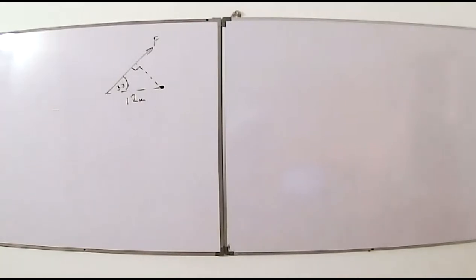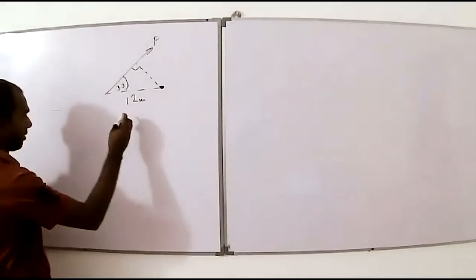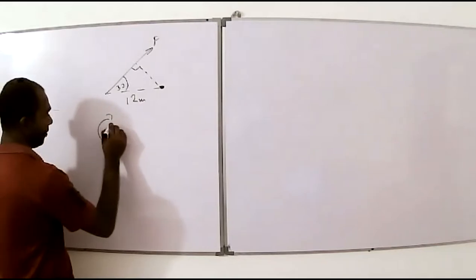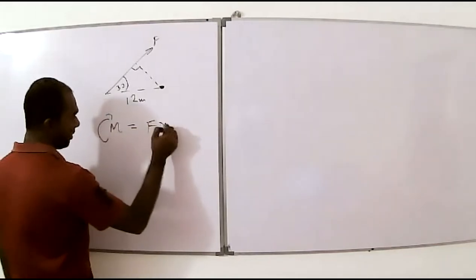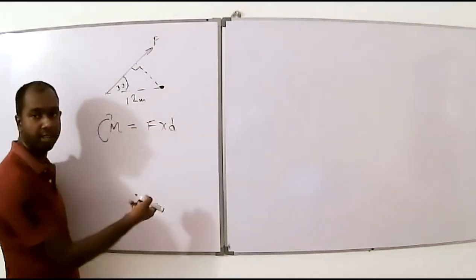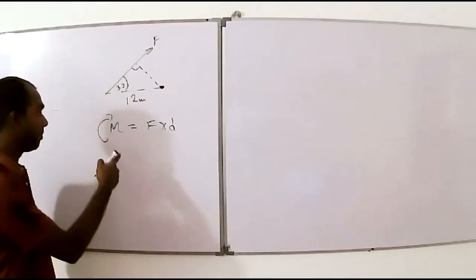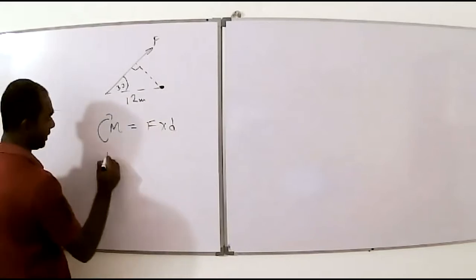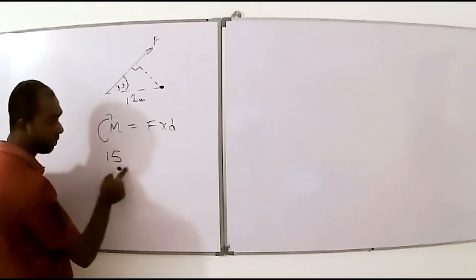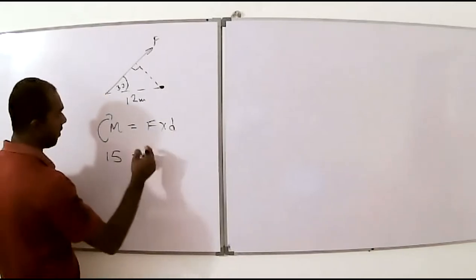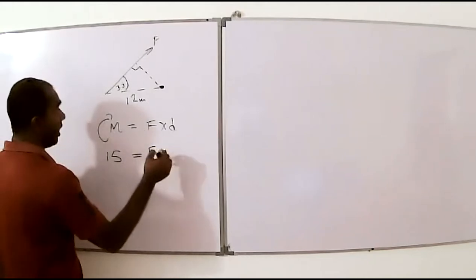So they are asking for the magnitude F. Simply you can take M. M should equal F times D. So you have to find this F. How can you find it? We can write the moment they have given, 15 Newton meters, equals force times distance R.